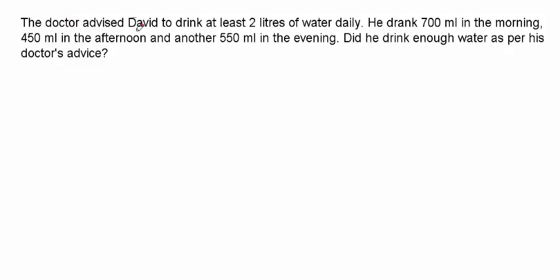The doctor advised David to drink at least 2 liters of water daily. He drank 700 milliliters in the morning, 450 milliliters in the afternoon, and another 550 milliliters in the evening. Did he drink enough water as per his doctor's advice?